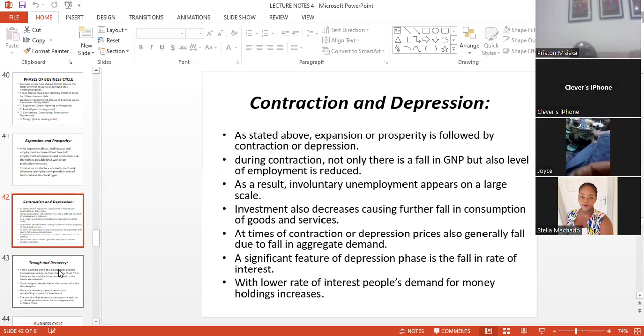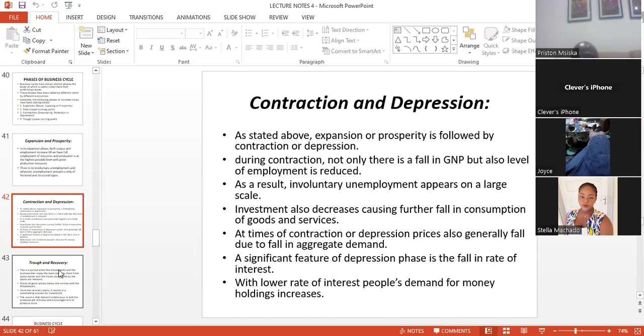And so levels of employment start reducing, unemployment starts kicking in. Not because people do not want to work. This is involuntary. People are just being laid off on a large scale.